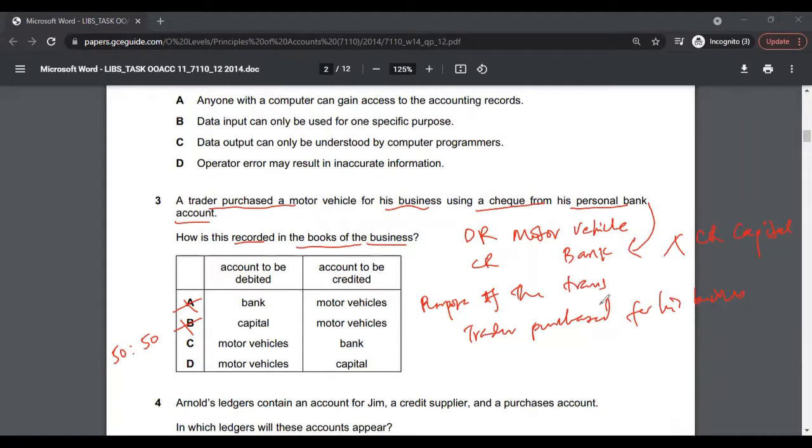He's bringing that asset to the business. He has invested this money into the business by buying a vehicle. So therefore, option C is incorrect, and the correct answer to multiple choice 3 is option D, debit motor vehicle and credit capital. No credit bank. So debit motor vehicle and credit capital.